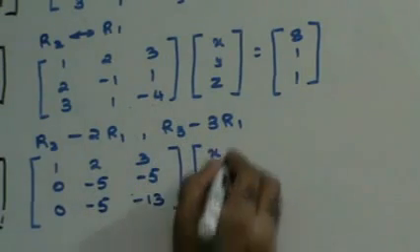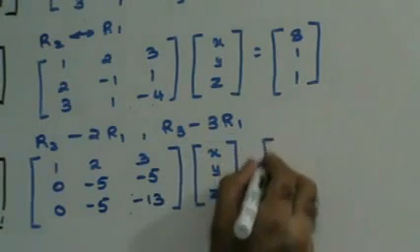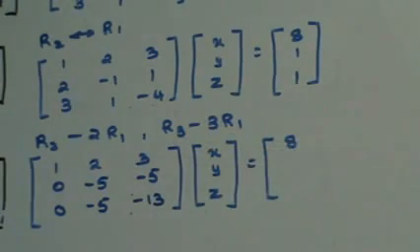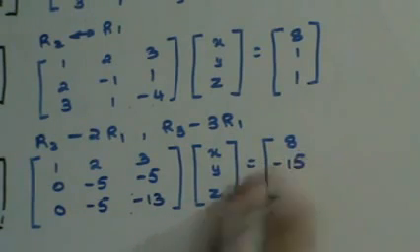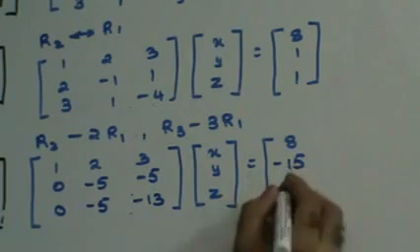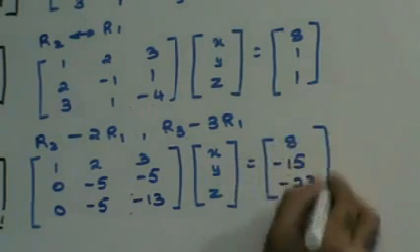X, Y, Z equals 8. This is going to be 1 minus 16, that is minus 15, and 1 minus 24, minus 23.